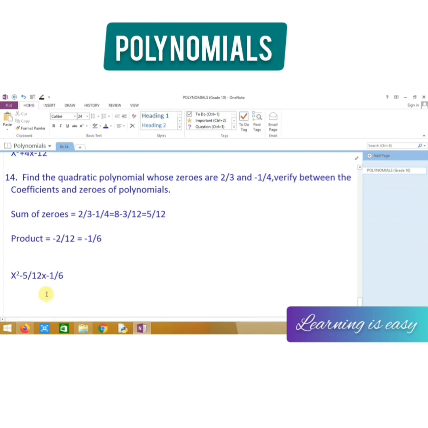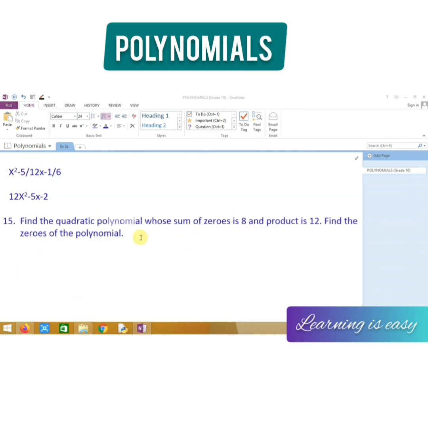So now by multiplying by 12 to all the values, we get 12x squared minus 5x, because 12 will go with this term, minus 2, as 12 by 6 is 2 for the constant. So this is the polynomial 12x squared minus 5x minus 2.